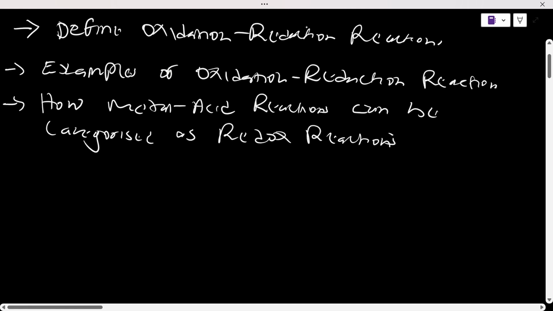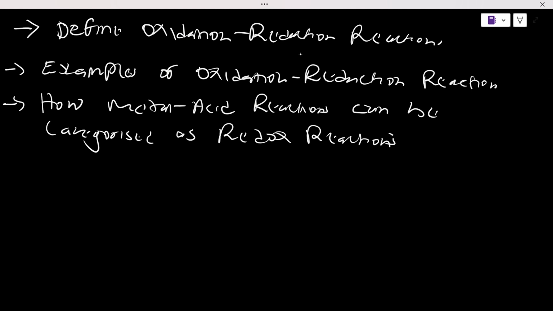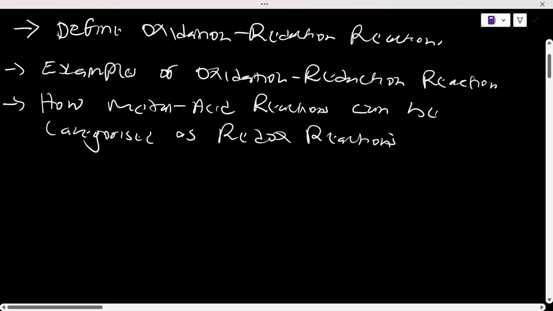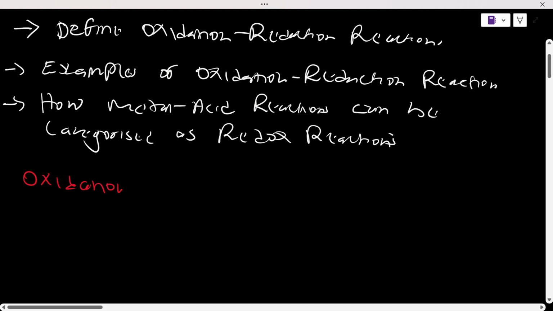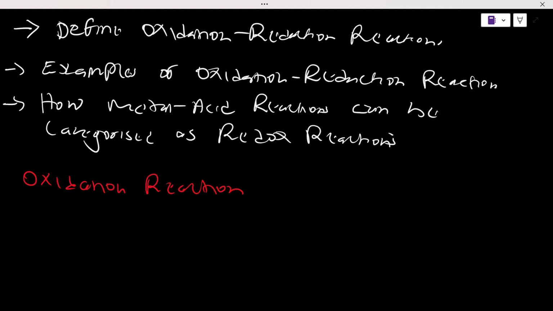Now, first I'm going to start with the definition of oxidation reaction. What is an oxidation reaction? An oxidation reaction can be defined in different ways, in reference to oxygen and also electrons.